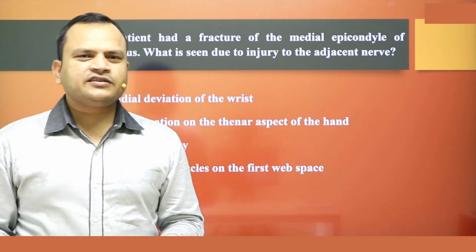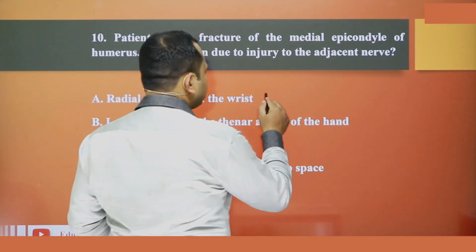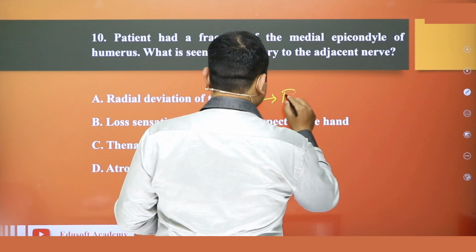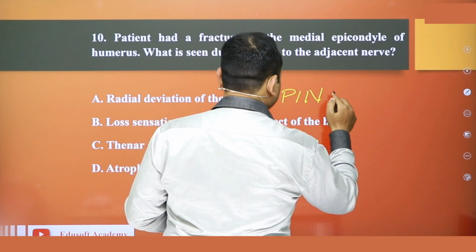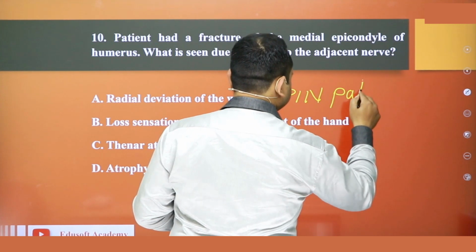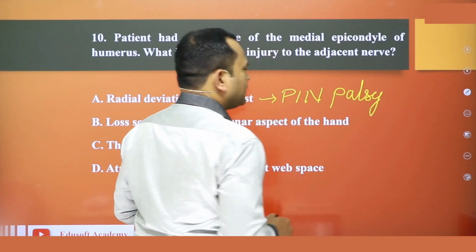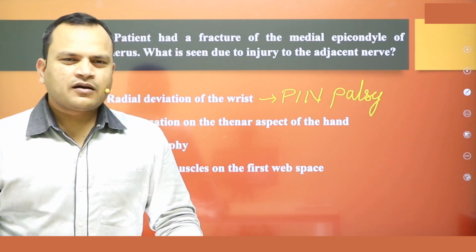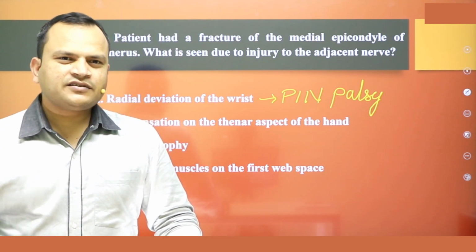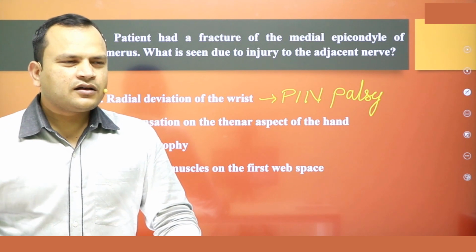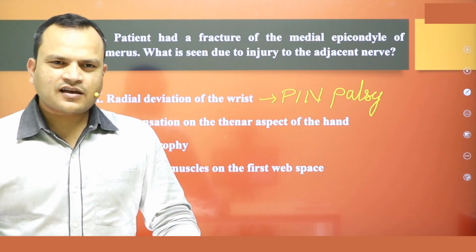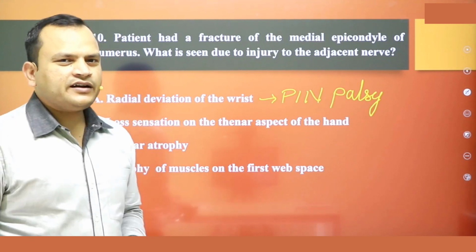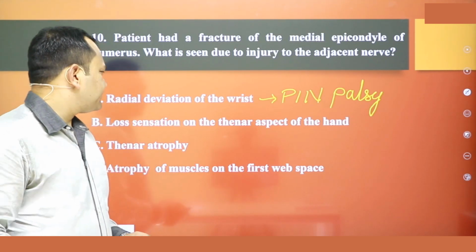It is usually seen in case of posterior interosseous nerve palsy, because of palsy of the ECRB muscle, and ECRL is having normal tone and movement. So radial deviation is seen in case of PIN palsy.